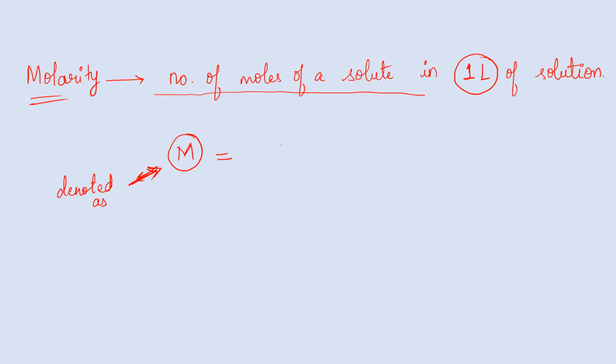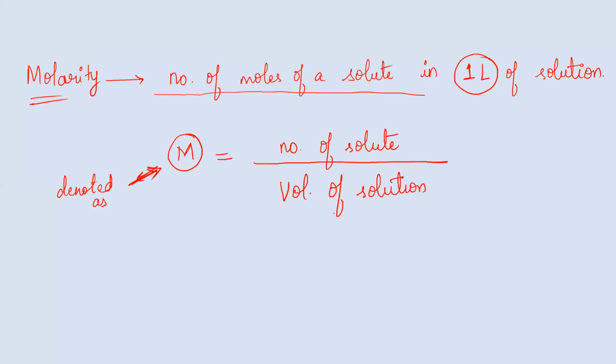If you write it as a formula, it is number of moles of solute divided by volume of solution. Now, for example, we are going to make 5 molar hydrochloric acid. So what will I do?